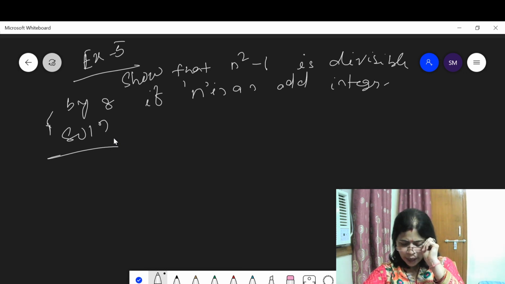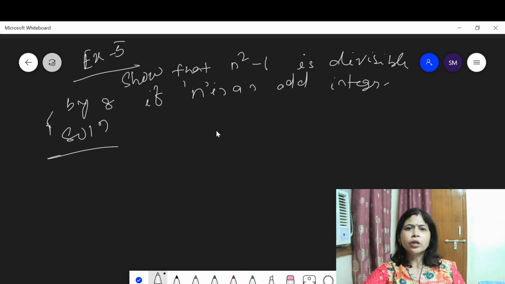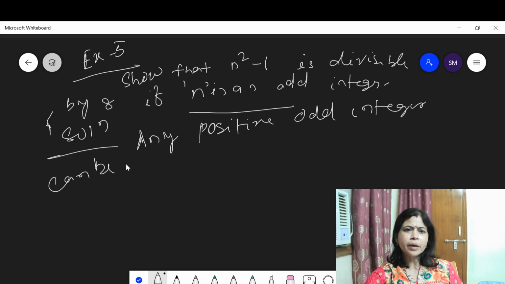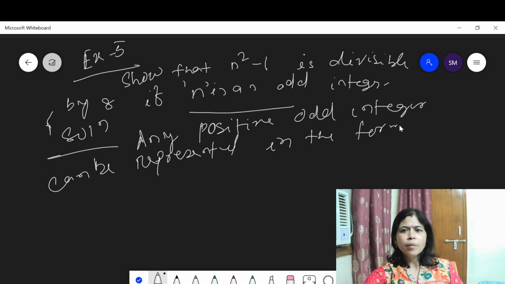Solution. We know that any positive odd integer can be represented in the form of either 4q plus 1 or 4q plus 3.